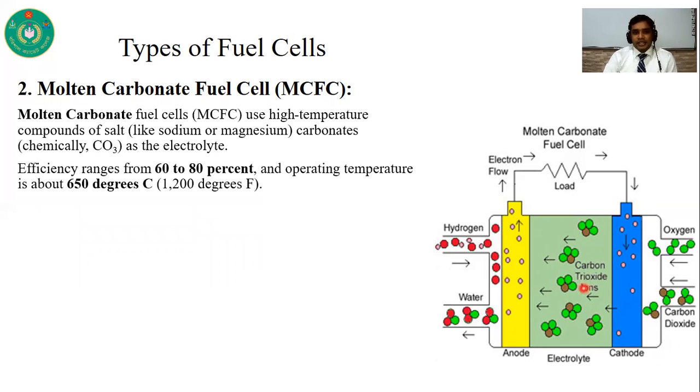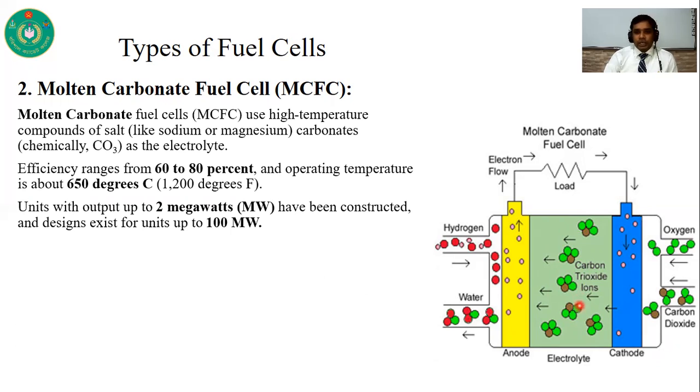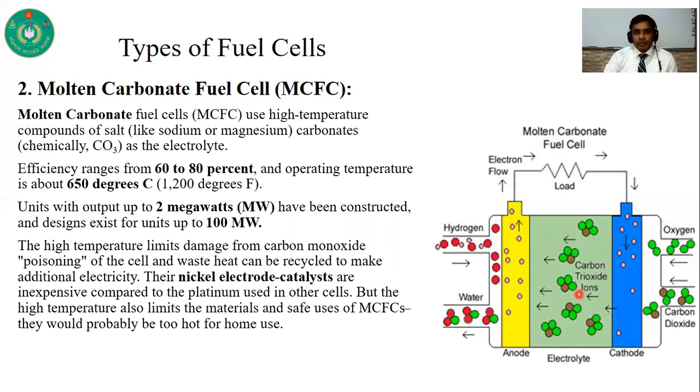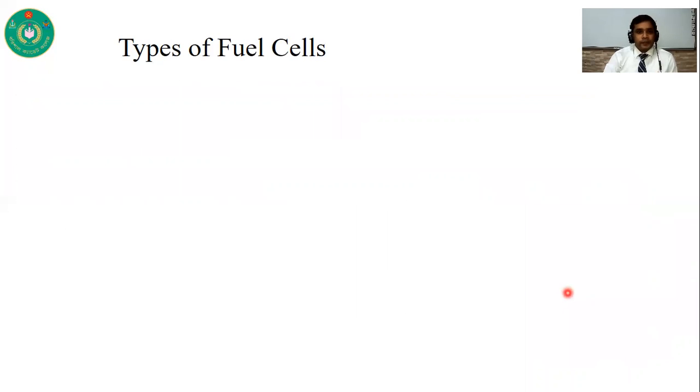Its efficiency range is 60 to 80% and operating temperature is 650 degrees Celsius, usually with output up to 2 megawatt. 2 megawatt units have been constructed and designs exist for units up to 100 megawatt. So this is also a very efficient fuel cell.